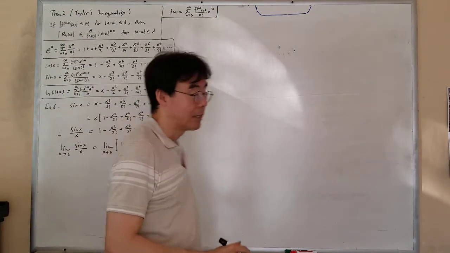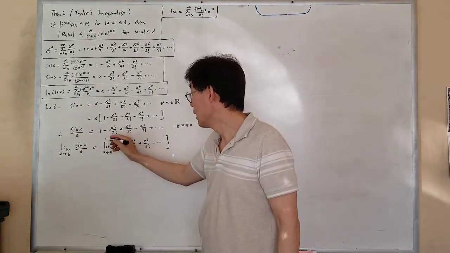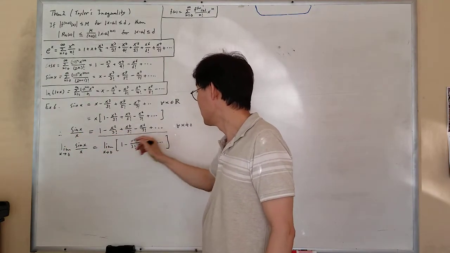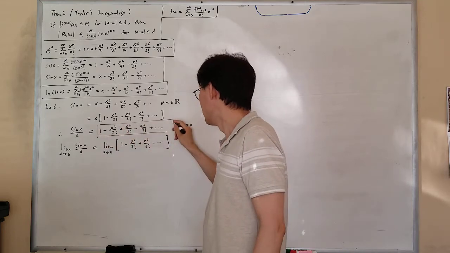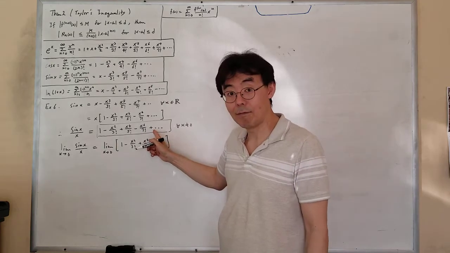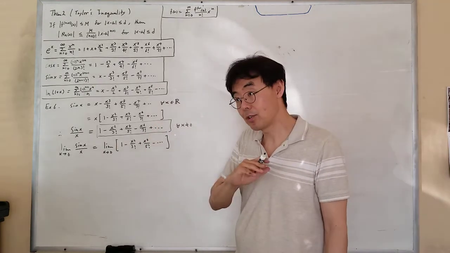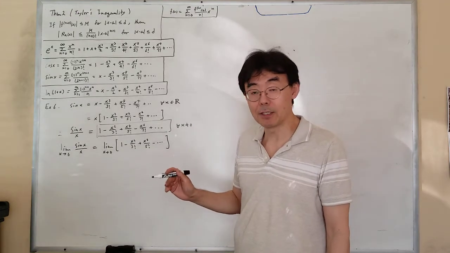Now, think about it. If you forget about sine of x over x and think about only this power series, using the ratio test, you can show that it is convergent everywhere, with radius of convergence infinity.